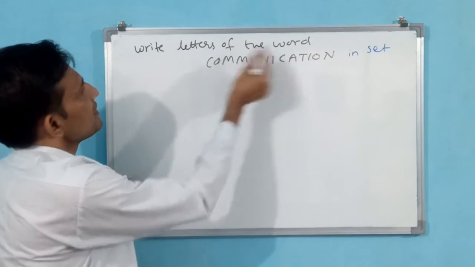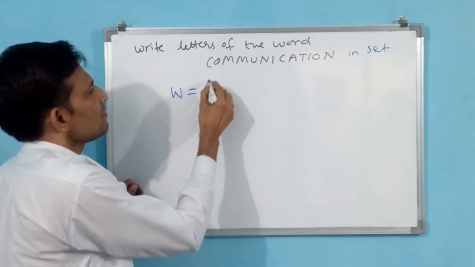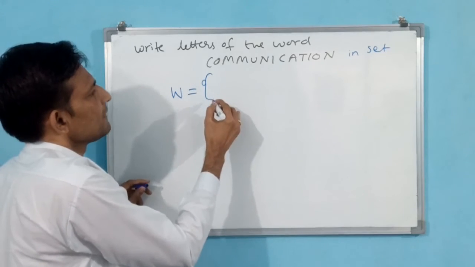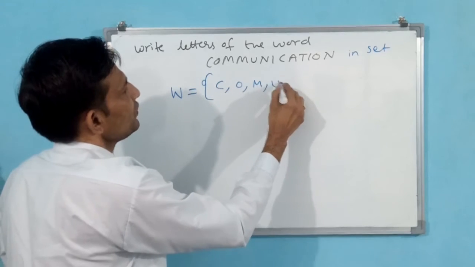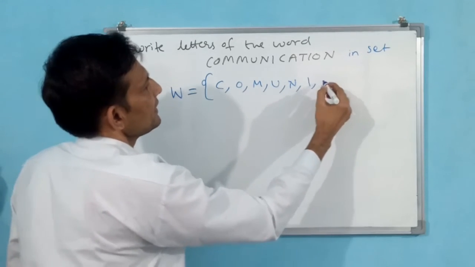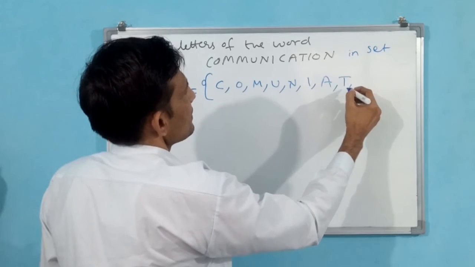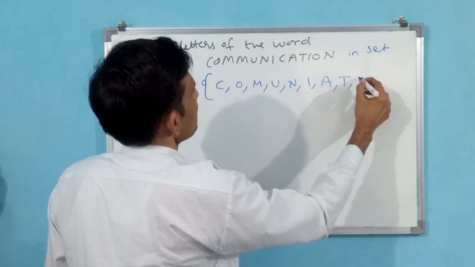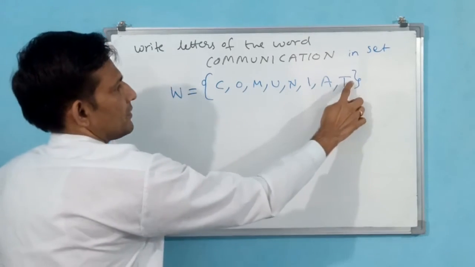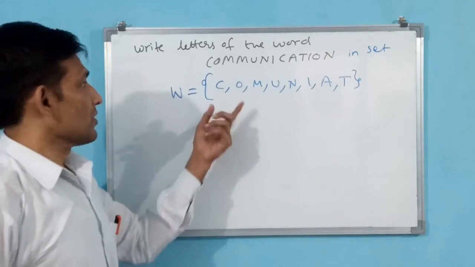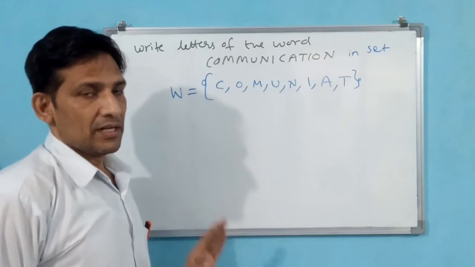Say the word communication means I say W is equal to braces C, O, M, U, N, I, A, T. All elements you have to write, separated with commas.